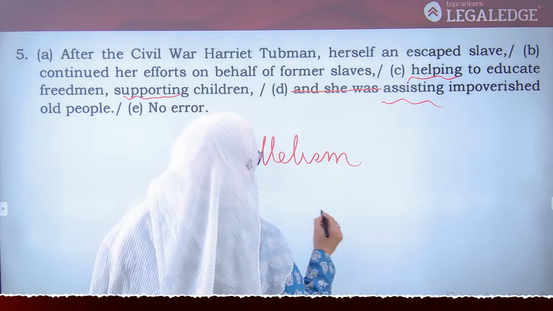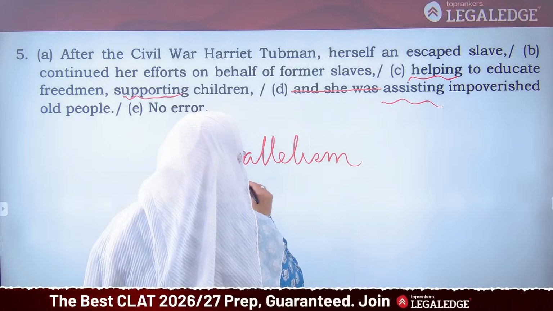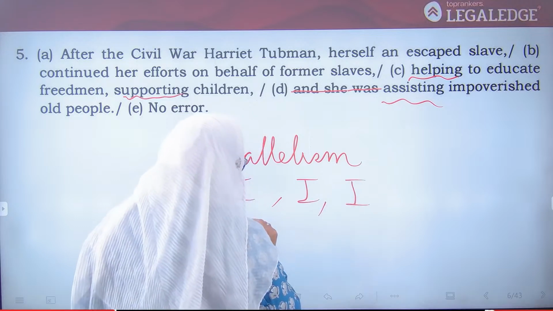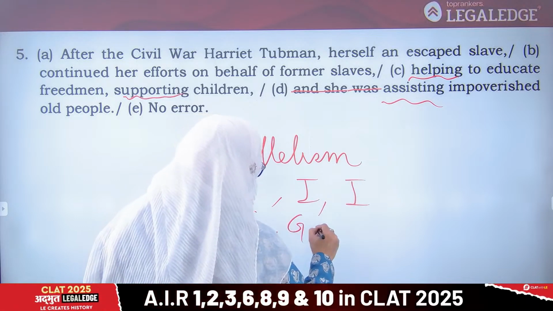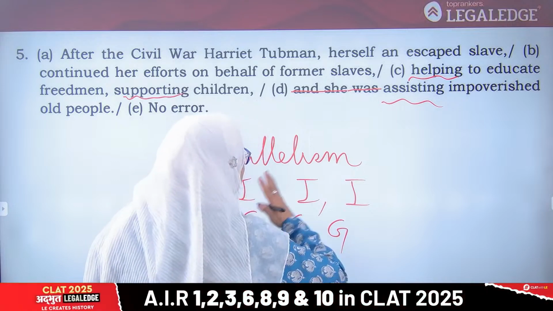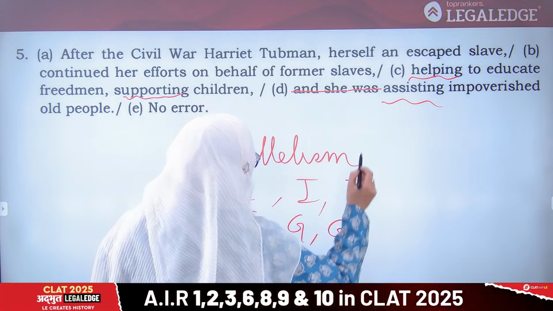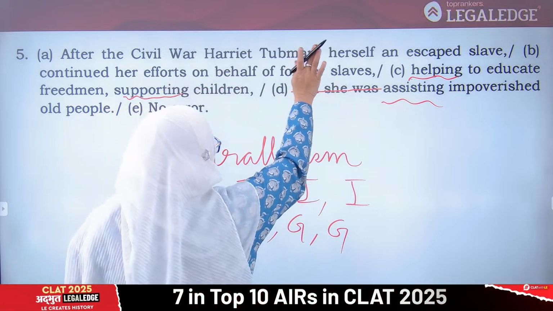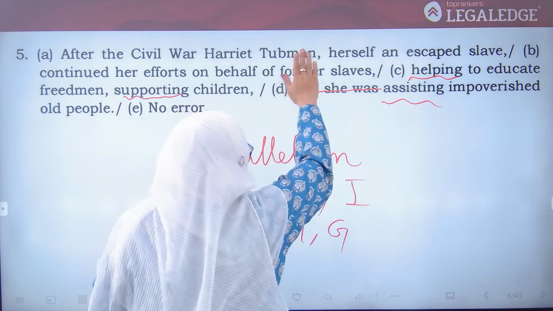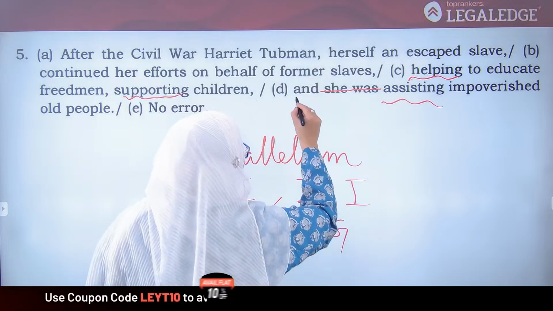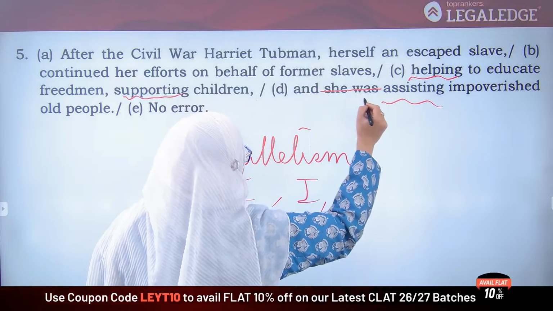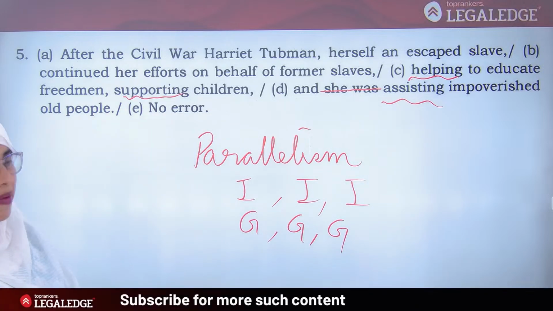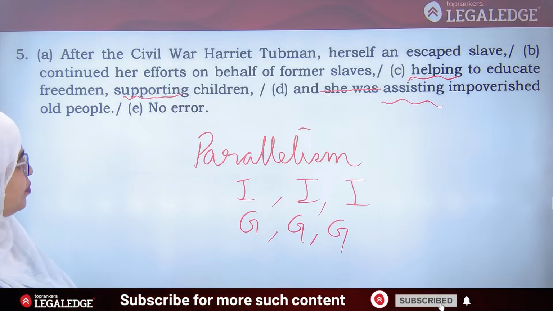When it is infinitive, comma, infinitive, comma, infinitive; if it's gerund, comma, gerund, comma, gerund, you have to maintain the sequence. Helping, supporting and, here I made a mistake, it has to be and. You can omit "she was": and assisting impoverished. Am I making sense to you, students?